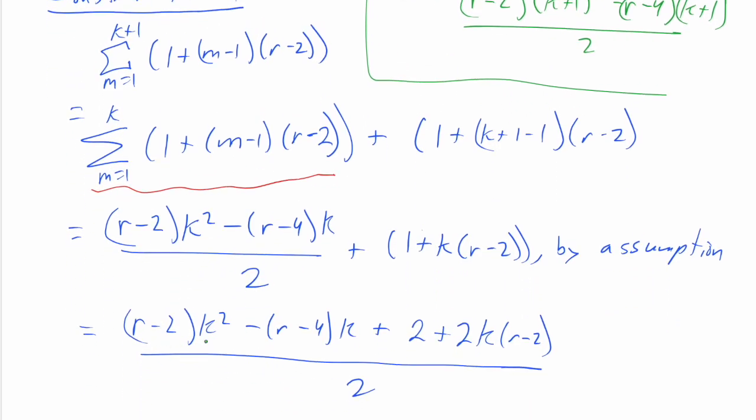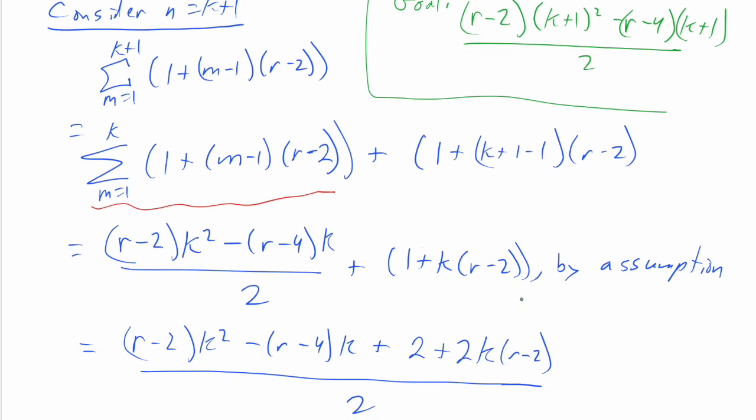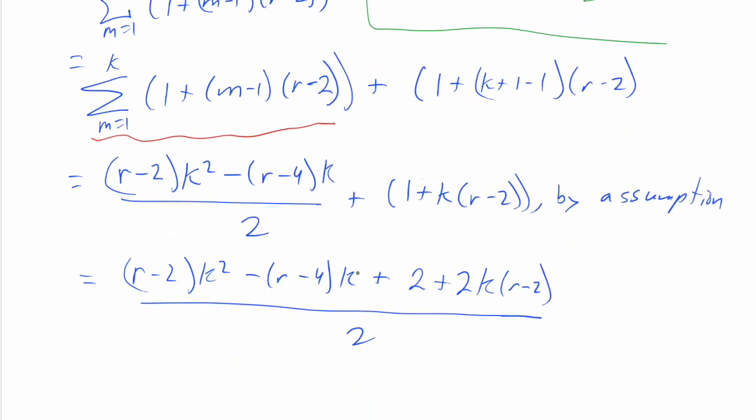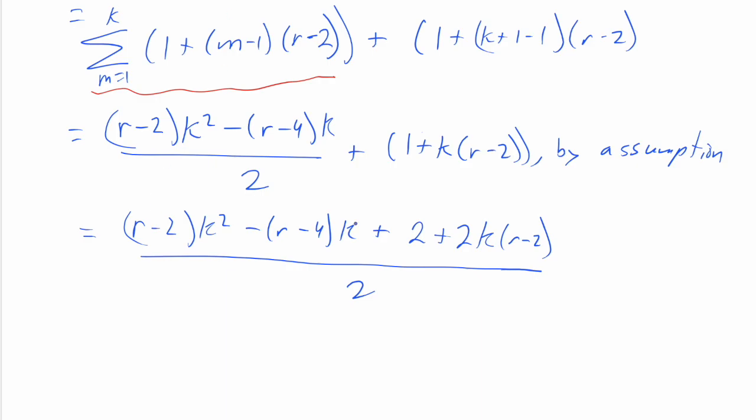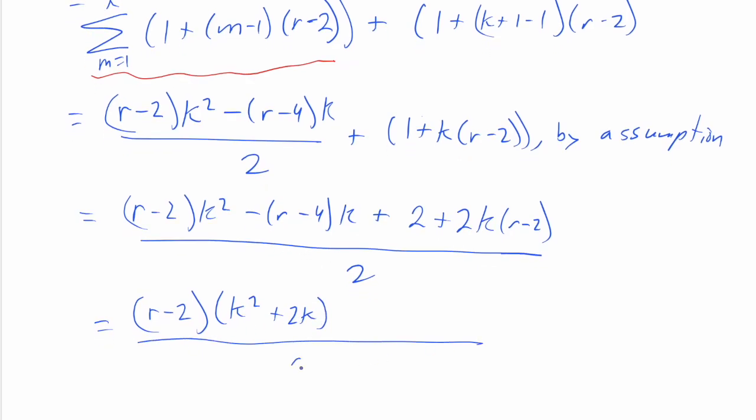We have r minus 2 k squared. We want a k plus 1 squared. We have an r minus 2 over here, so we can actually factor out r minus 2 from this first and last part. So let's do that first. And what we have left over is k squared plus 2k. So we're almost there. We factored out that from that, and we have everything else still here: r minus 4k plus 2.